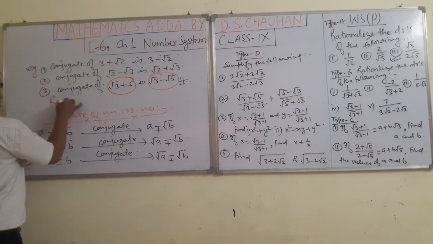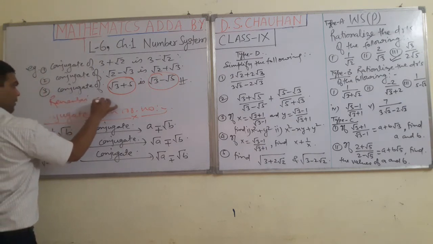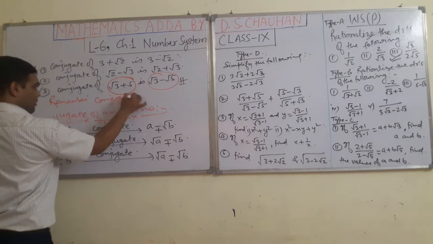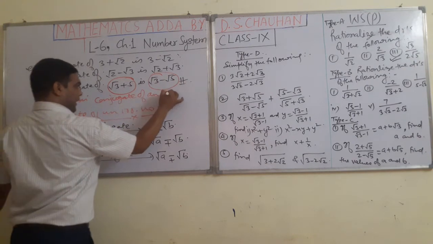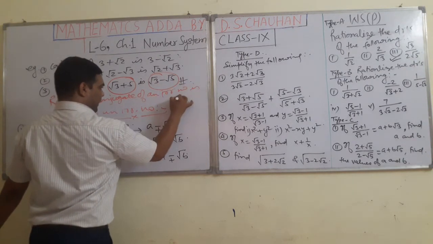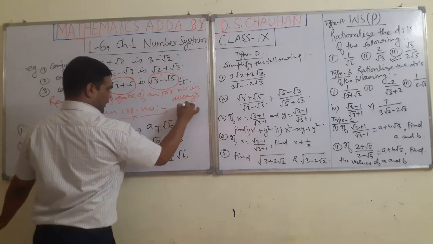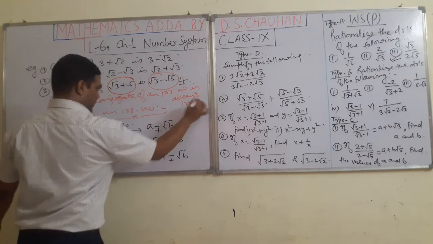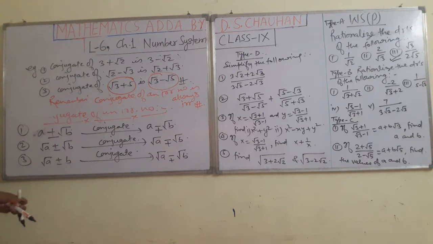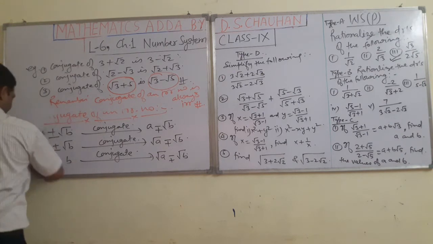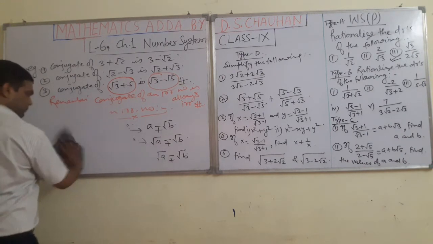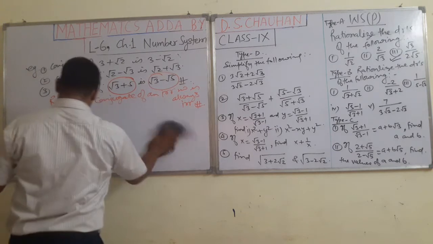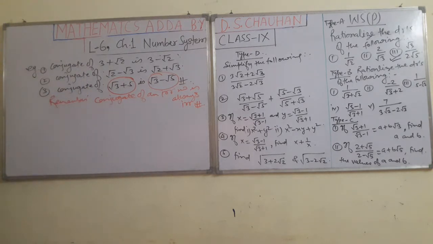Remember, the conjugate of an irrational number is always irrational. Very important point. Well, second important point I want to tell you here. Try to understand.